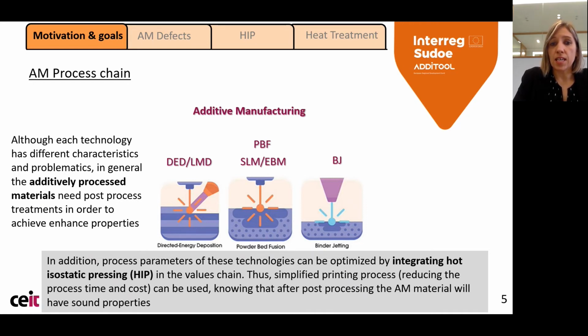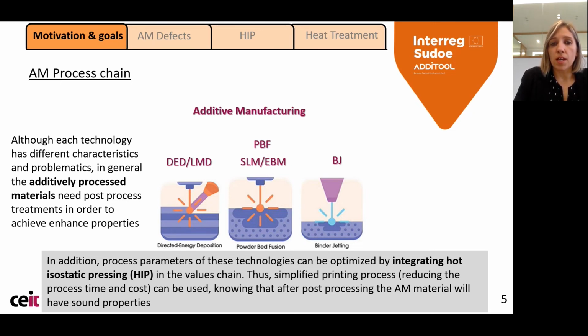Although each technology, as you can imagine, has different characteristics and problems, what we can say in general is that all these technologies will need a post-processing in order to tune the microstructure of the materials and to achieve the required properties. In addition, there are nowadays several attempts to integrate the hot isostatic press into the process.